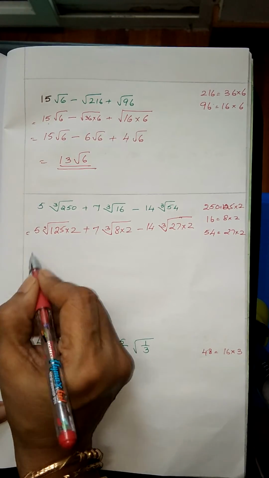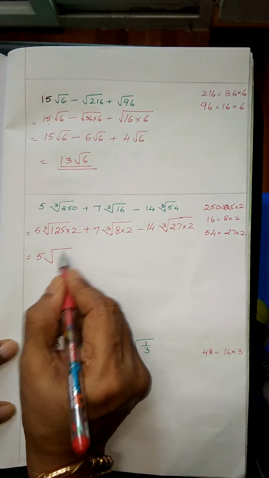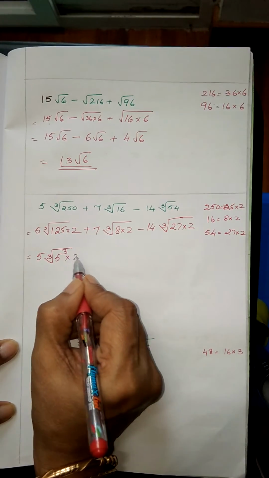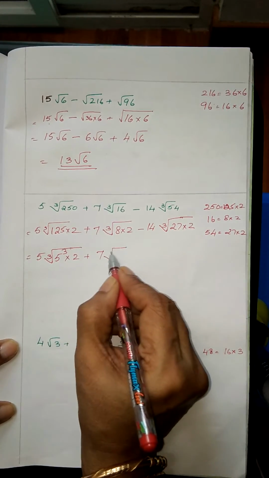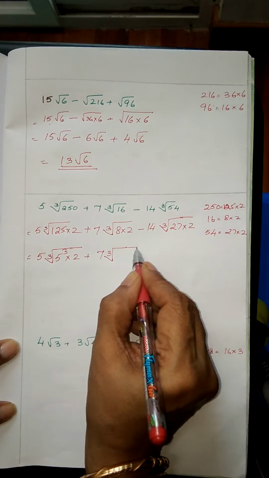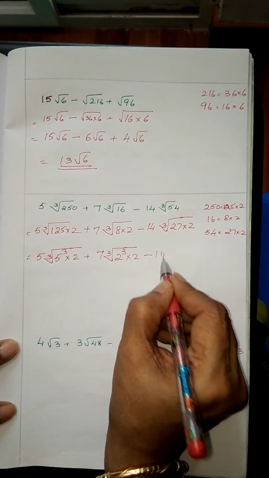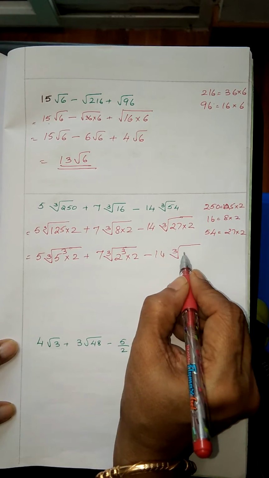Now this is equal to 5 into cube root of 5 cubed into 2 plus 7 into cube root of 2 cubed into 2 minus 14 into cube root of 27, which can be written as 3 cubed into 2.